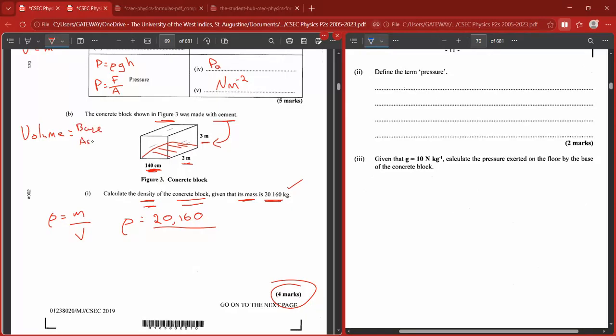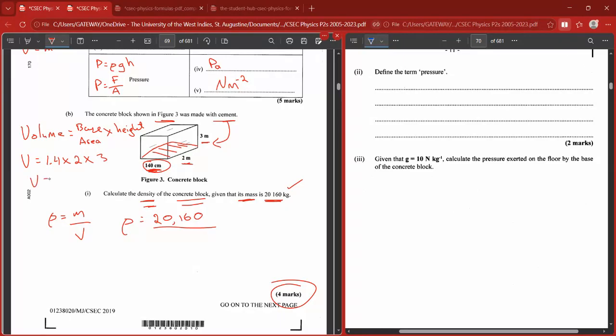This is a formula we use in maths, right? Base area times the height of the shape. So volume is equal, the base area will be, you will have to convert 140 cm to meters by dividing by 100. 140 divided by 100 is 1.4 meters, right? Times 2 times the height of 3.